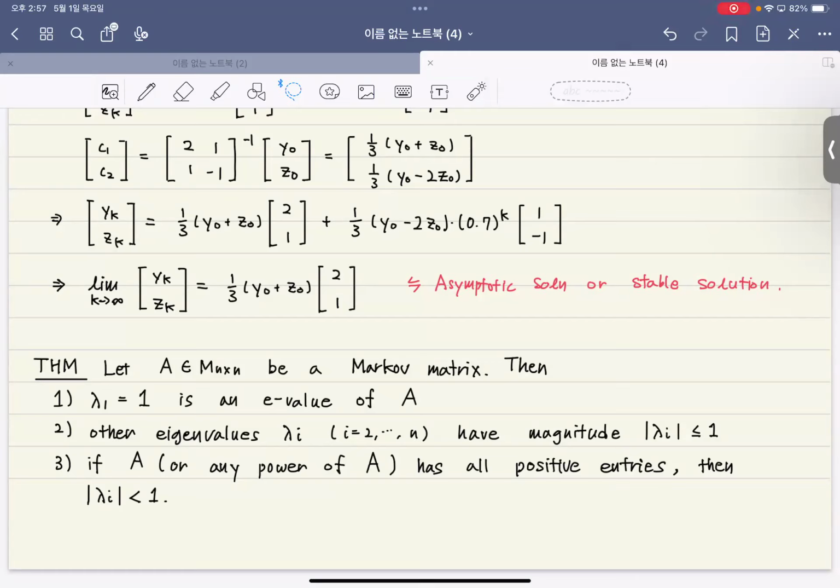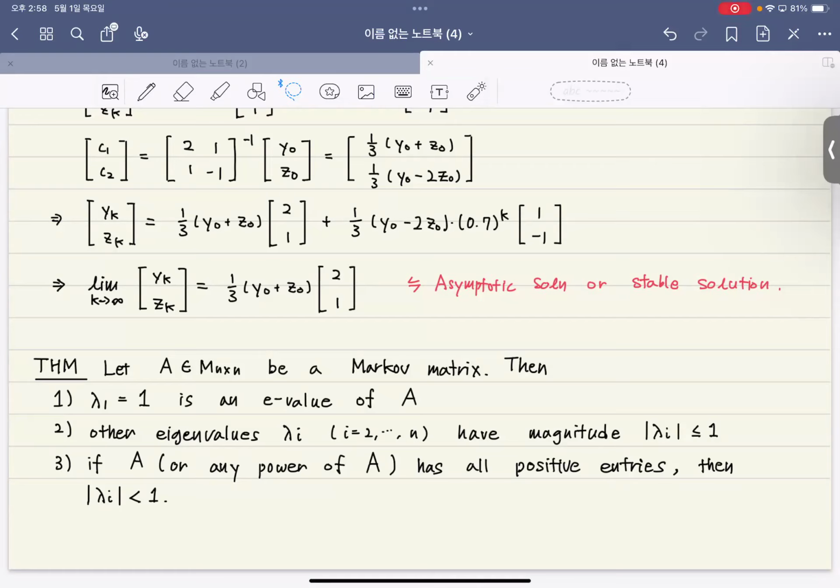So that means it always has at least one stable solution. And other eigenvalues have magnitude less than or equal to 1. So if there is another eigenvalue whose magnitude is 1, then that Markov process may not stabilize.